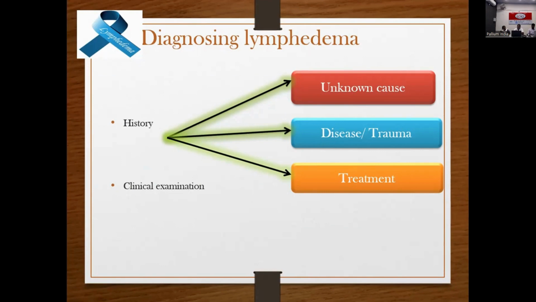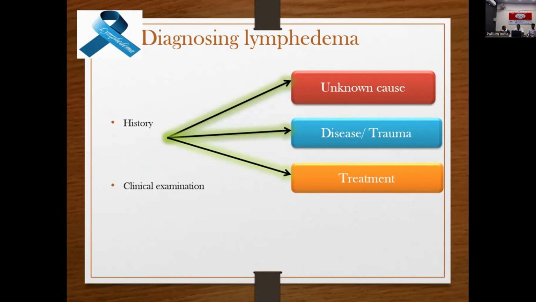Next one is disease or trauma. Any disease or trauma history for that affected lymph or affected area, that also we have to collect. Any treatment that has been done. Sometimes radiotherapy or surgery has been done previously, and after that only the edema happens. So you have to take the proper history.